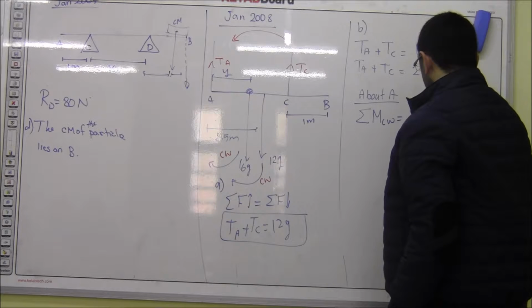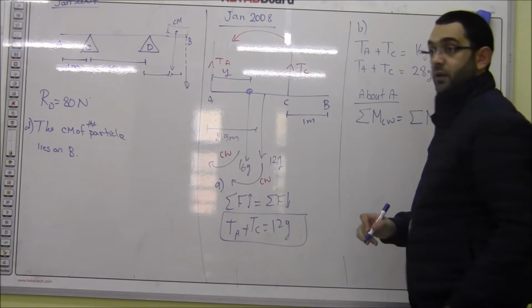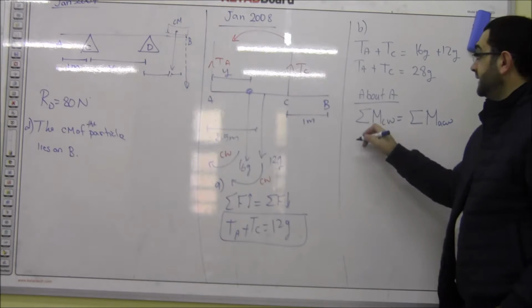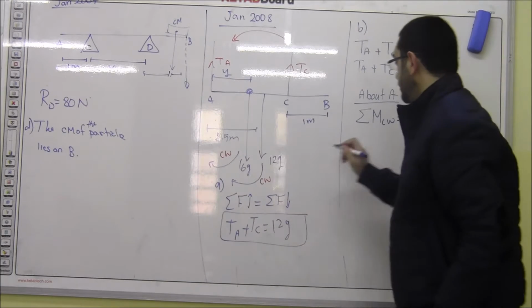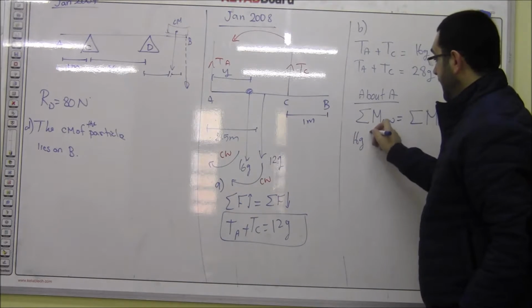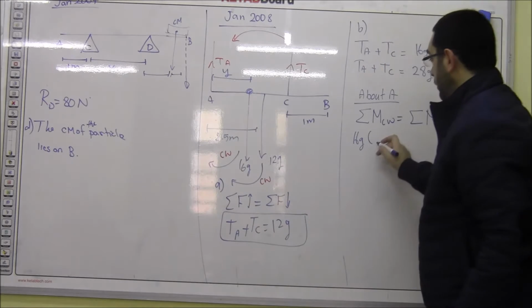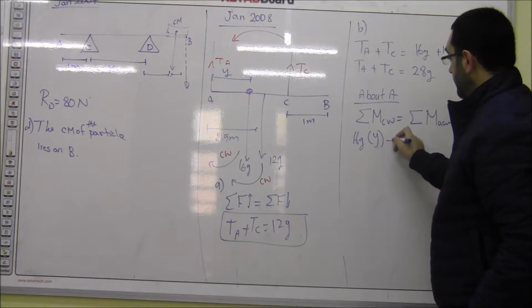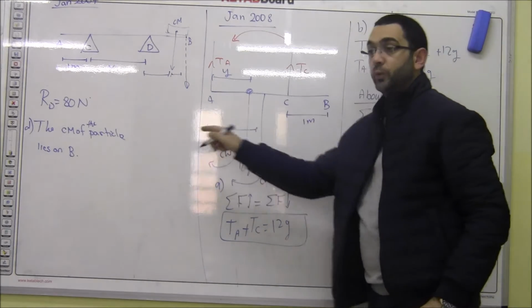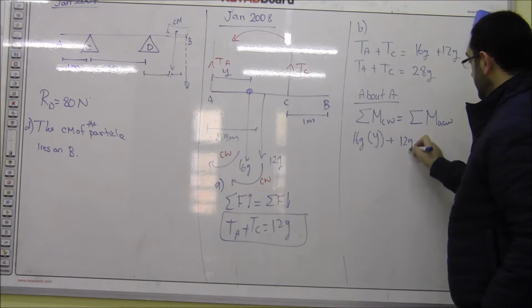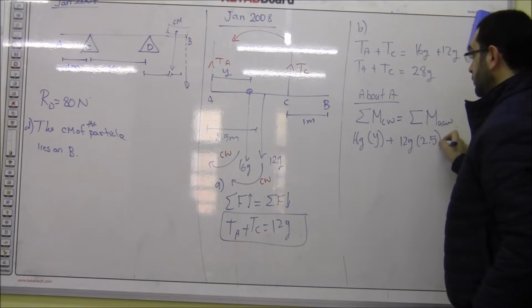It's in terms of y. Should be kept in terms of y. Moment clockwise: 16G times 2 times y plus 12G times 2.5, equals what?